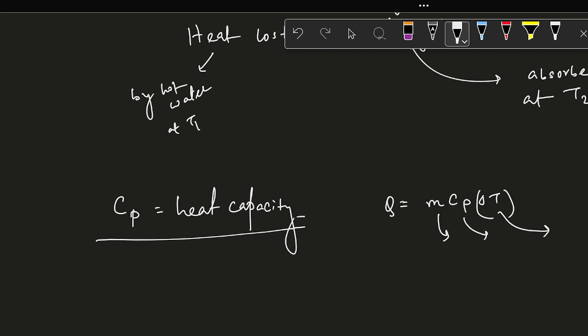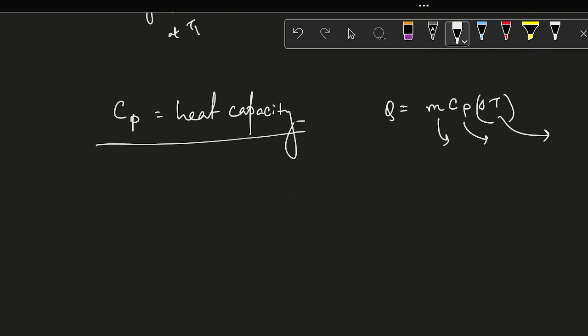So let us first say that after equilibrium is reached, that is when water A and B are already mixed together and they have exchanged their heat, the final temperature of that entire water, assume that it is T Kelvin, because you have now mixed temperature T1 water and temperature T2 water, so they will exchange heat within themselves and try to reach an equilibrium state where the final temperature of the entire mixed water body is T. So in this case, the heat loss by the water body at T1 is m times Cp into (T1 minus T).